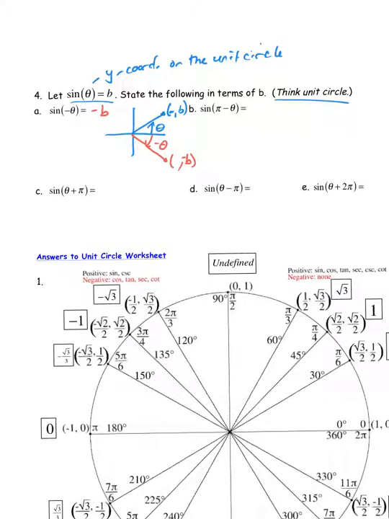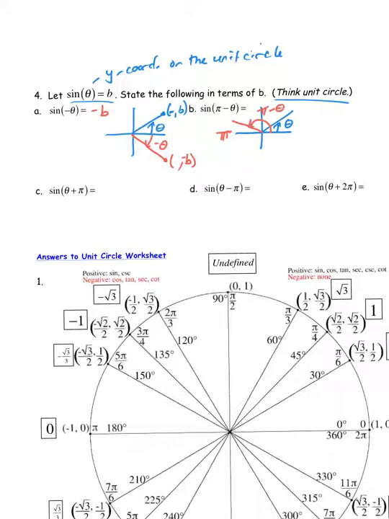Next, let's look at sine of pi minus theta. So once again, I'm going to draw theta in the first quadrant and think about where pi minus theta is. So pi would be going halfway around the unit circle in the positive direction. And if I go theta less, this angle right here is pi minus theta.